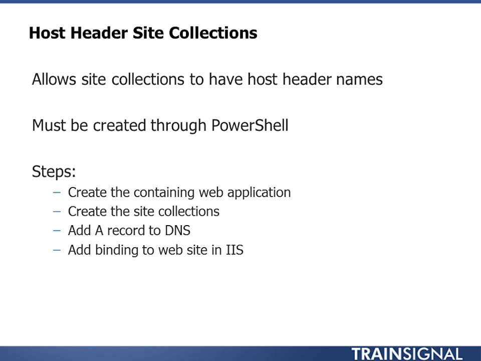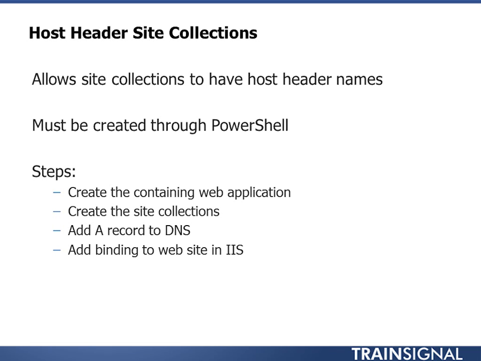Now, there are a couple of little catches here that we need to be aware of. The first of which is that host header site collections are not able to take advantage of alternate access mappings, which is a feature we're going to talk about a little bit later in this lesson. The next big thing about host header site collections is that they have to be created through PowerShell.